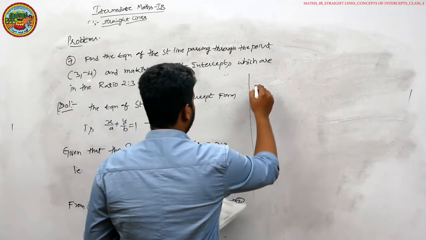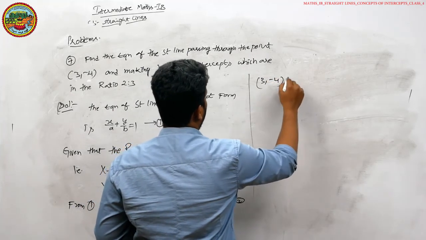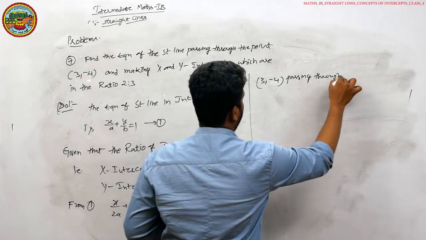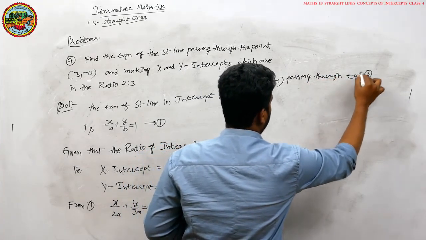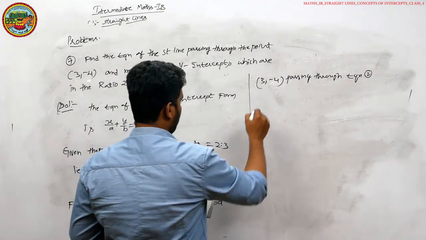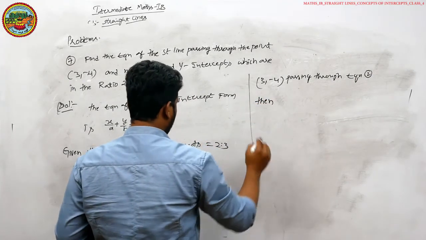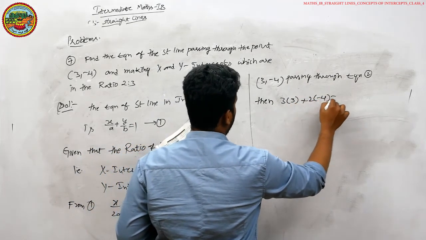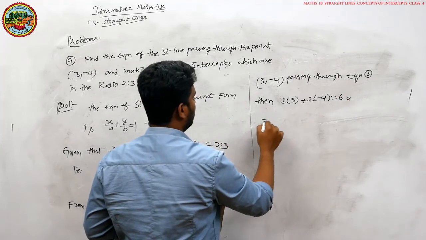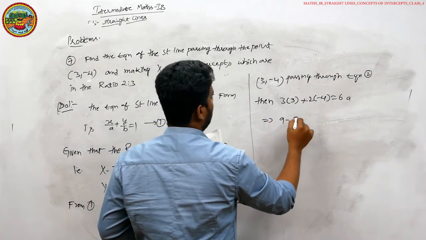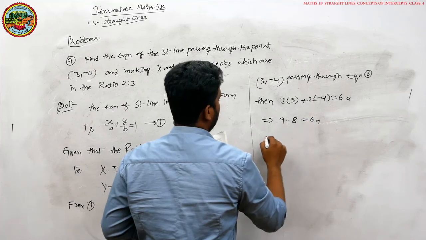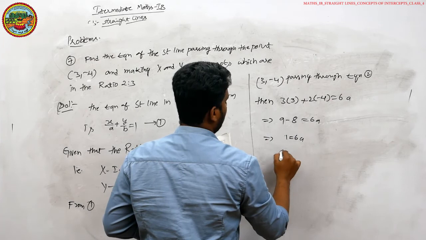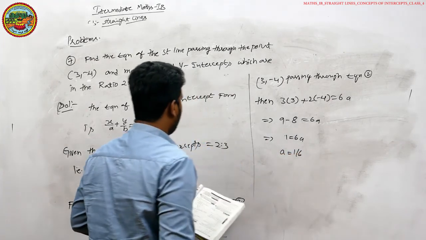So now 3 comma minus 4 passing through equation 2, then 3 into 3 plus 2 into minus 4 is equal to 6a, which implies 9 minus 8 is equal to 6a, so 1 is equal to 6a, a is equal to 1 by 6.